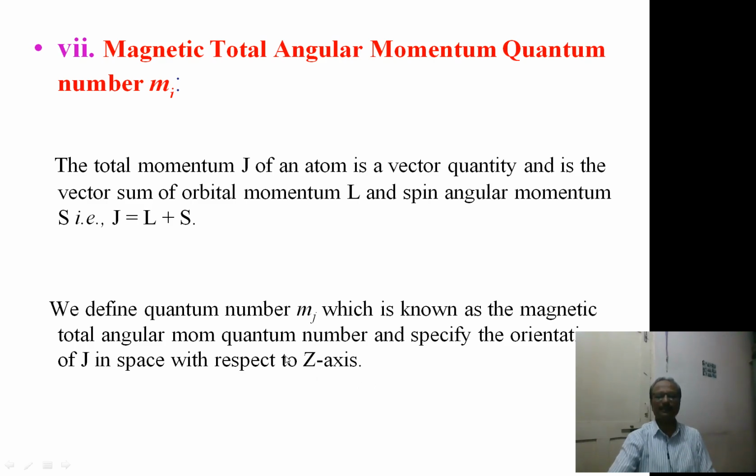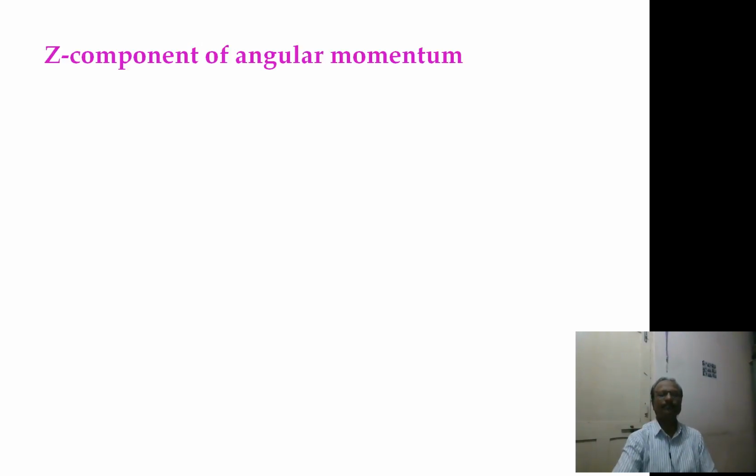As I previously told you, when an external magnetic field is applied to the atom, the direction of the magnetic field is taken along the z axis. So the z component of angular momentum can be taken as Lz equal to ml multiplied by h cross.